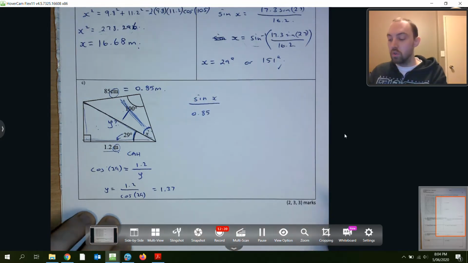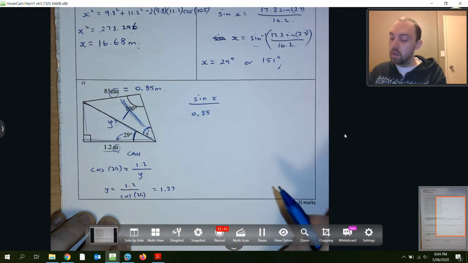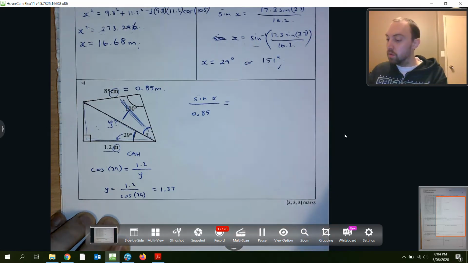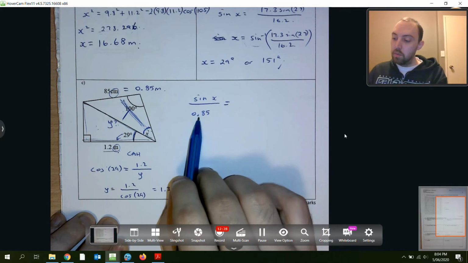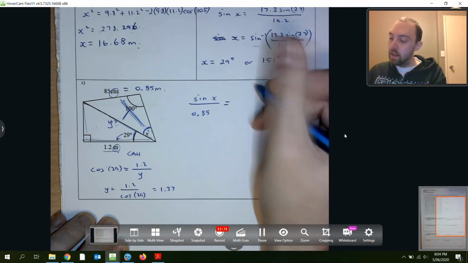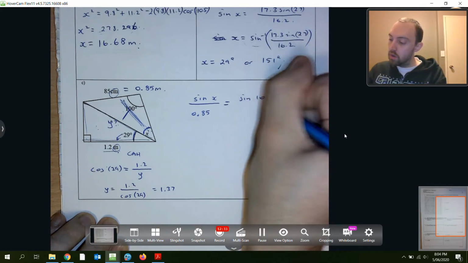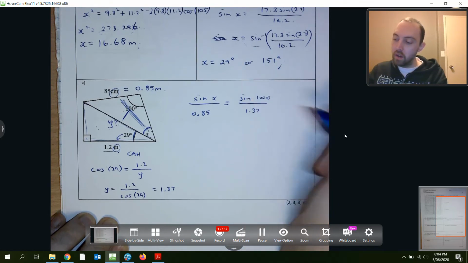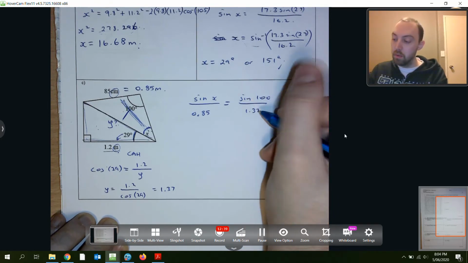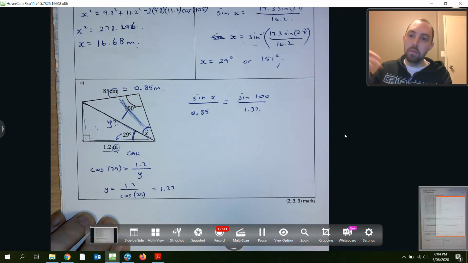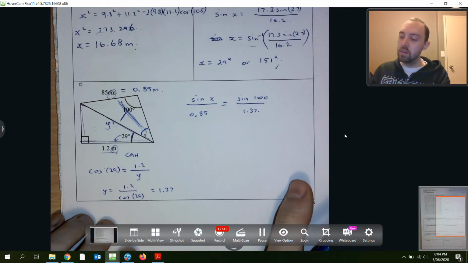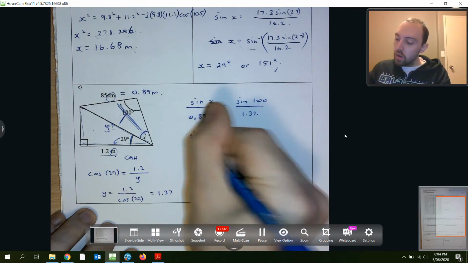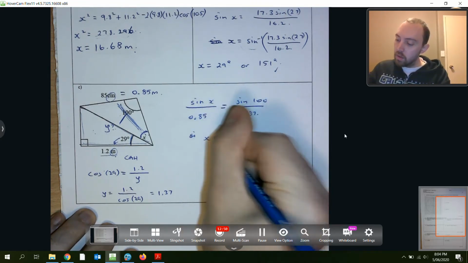If you do not use that 0.85, in fact I might demonstrate it, then you're going to get a math error. We'll come back to it. Sine of x is equal to 0.85, and that's equal to sine of 100 over my 1.37 or y or whatever you want to put in there. But remember, I'm not using 1.37, I'm using the value in my calculator, which is a little bit more than 1.37. So I'm going to skip a step here.